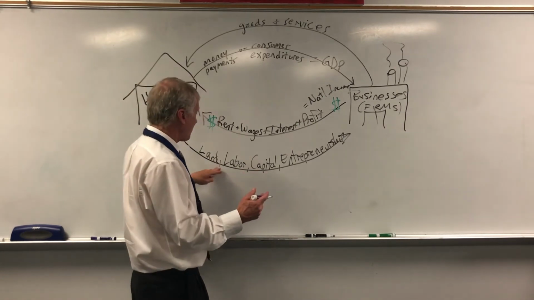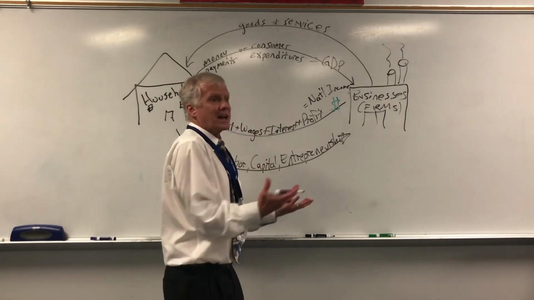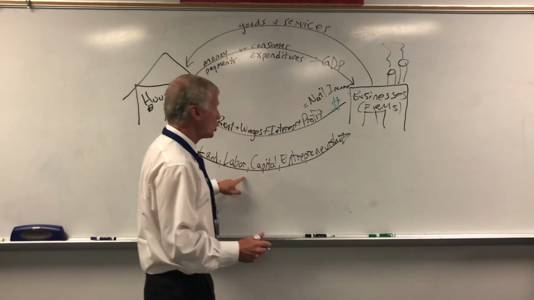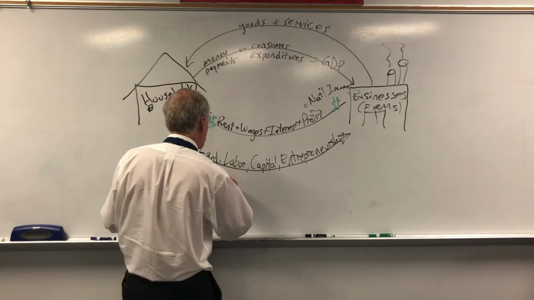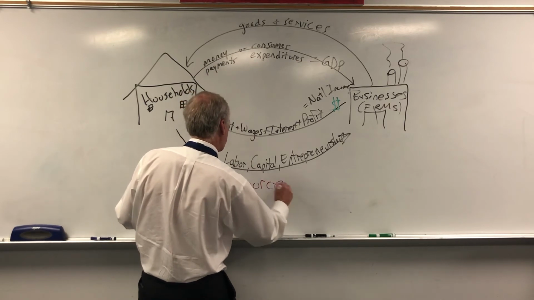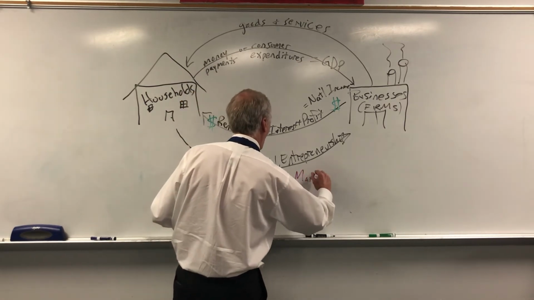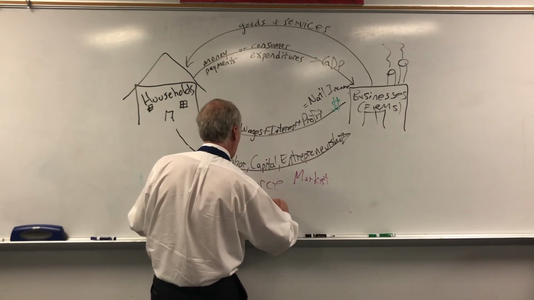If you will, these resources are what are needed to produce goods and services, so they are the factors of production. So you could call this resource market the factor market. It's the same thing.